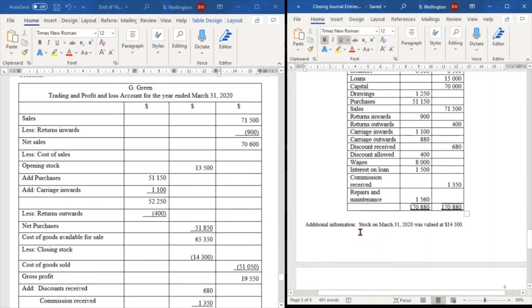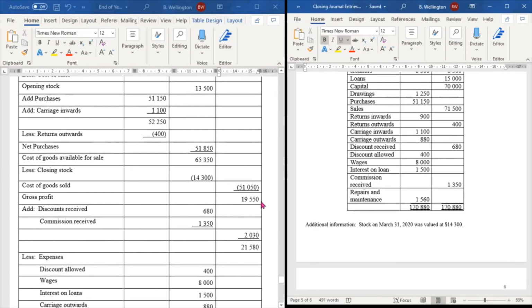You'll find it underneath the trial balance as additional information. Your closing stock was 14,300. When you take closing stock from your goods available for sale, you're left with the cost of goods sold. And when you take your cost of goods sold from your net sales, you end up with your gross profit.